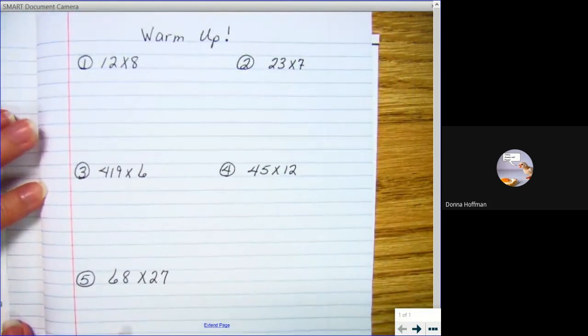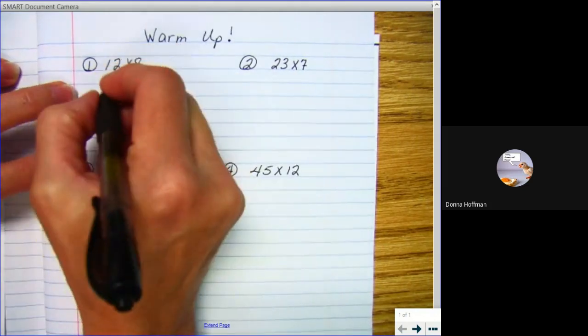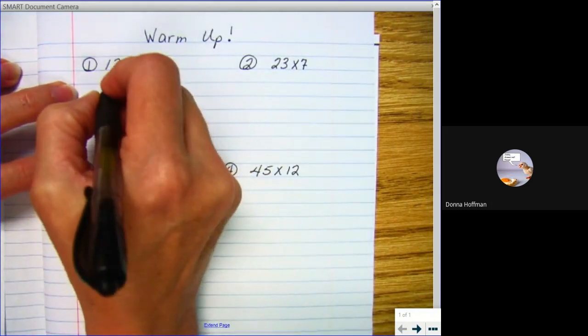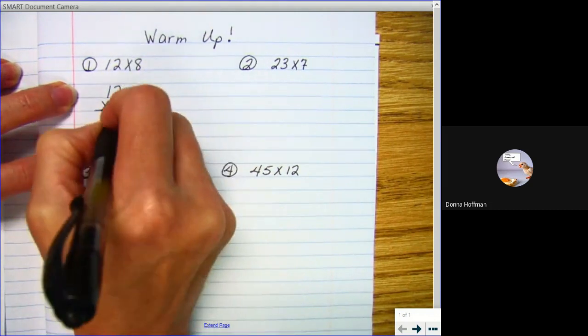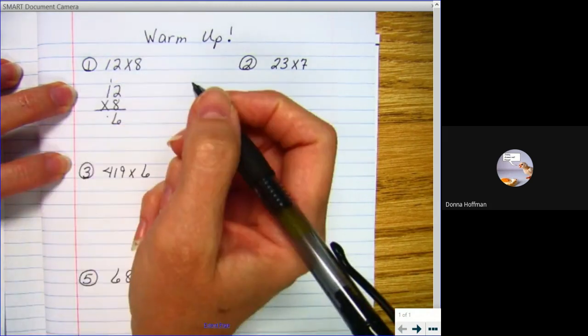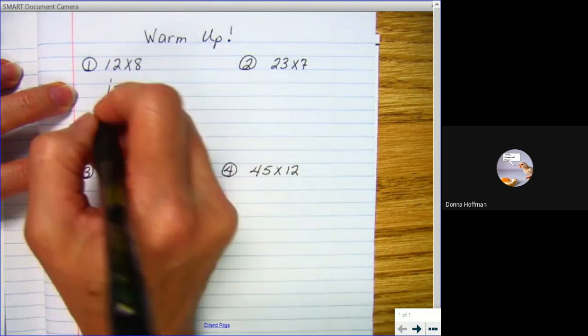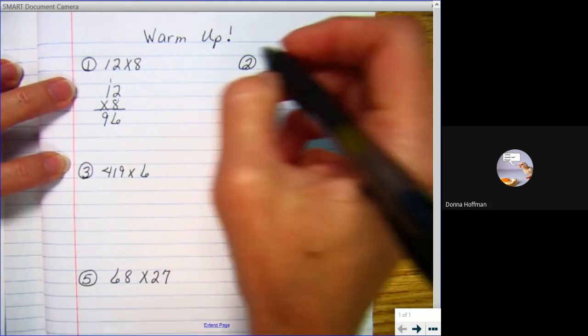When you multiply those on the warm-up, I have to line them up vertically. I got 96 for the first one.